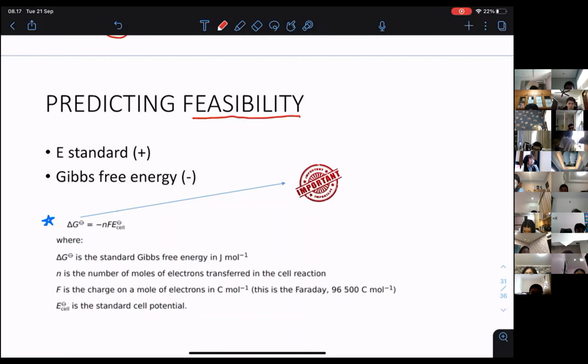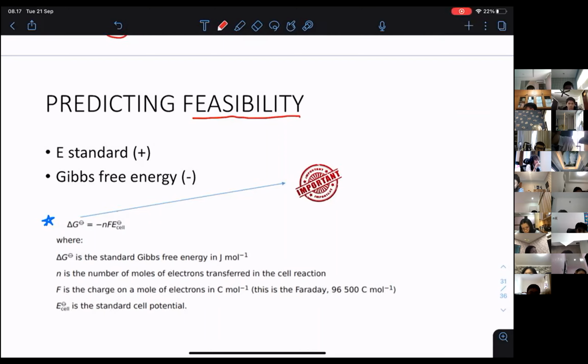Remember, feasibility doesn't mean the reaction is happening. It is happening spontaneously, but a feasible reaction is not something that is fast or vigorous. The reaction can happen, but it may require a catalyst. It may require certain conditions so that it can happen properly.